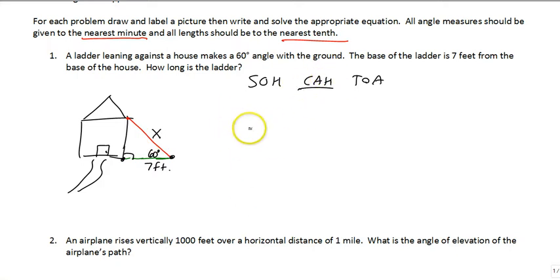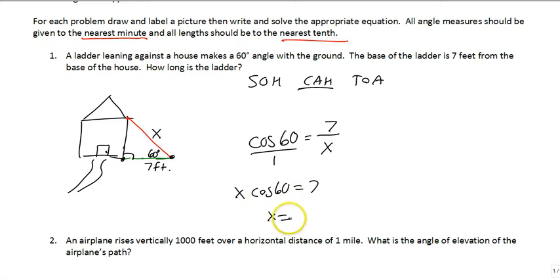Remember, whenever you set these problems up, you just start with the trig function. Cosine of the angle, which happens to be 60 in this case, equals the adjacent over the hypotenuse. I'm going to put that over 1 so I can cross multiply and solve. When you cross multiply, you get x equals 7 over the cosine of 60.